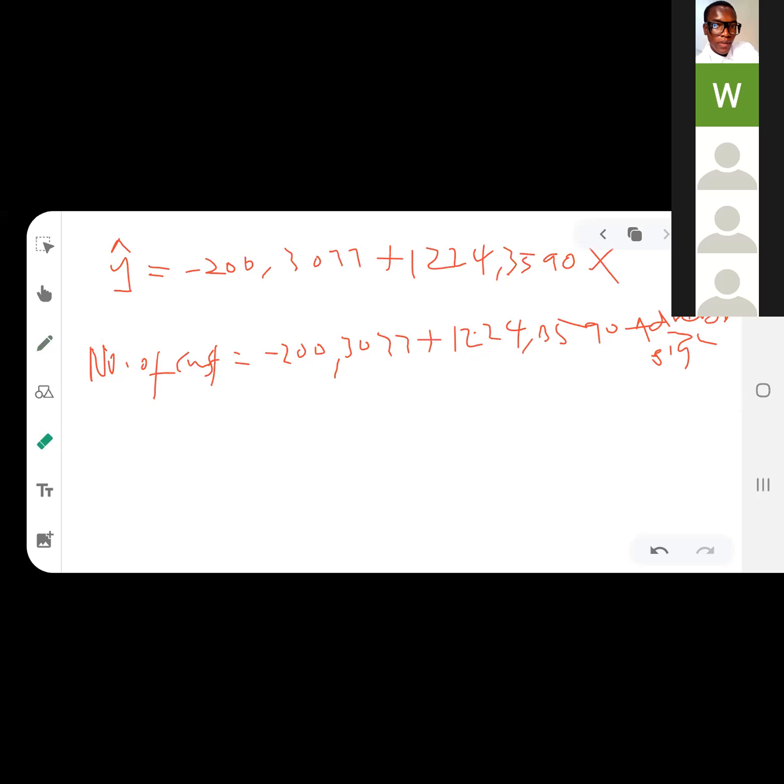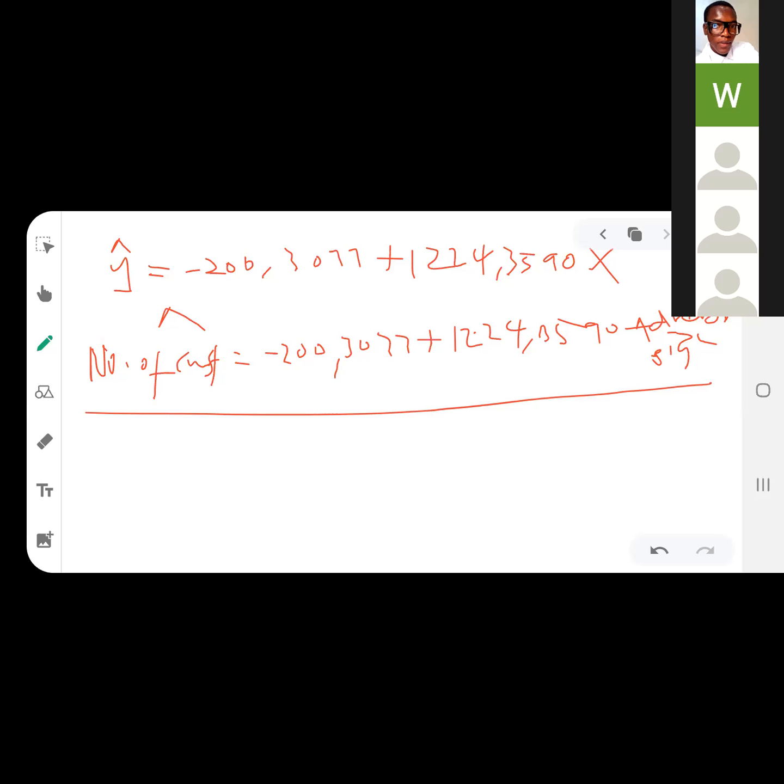And then this is an estimate of the number of customers. So it's the predicted number of customers. So this is the formula for estimating the number of customers, provided you are given the area of advertising sign. So let's say, for instance, they say, suppose the area of advertising sign is 1.3.